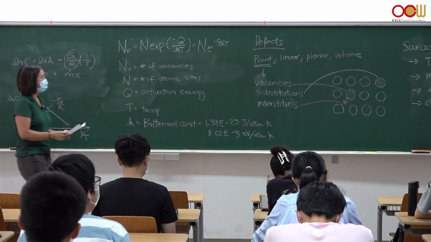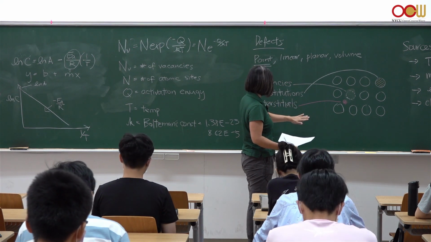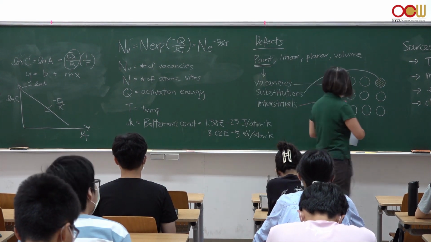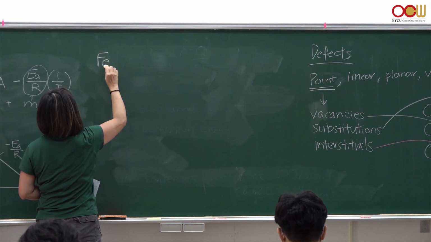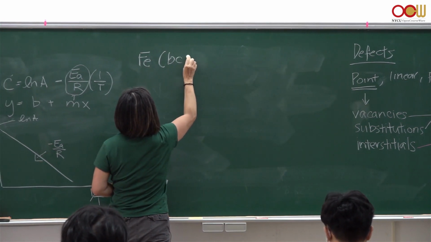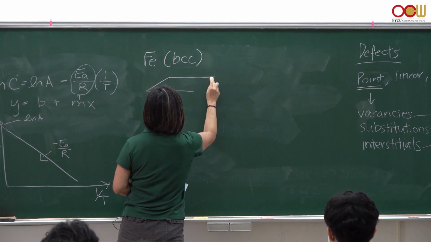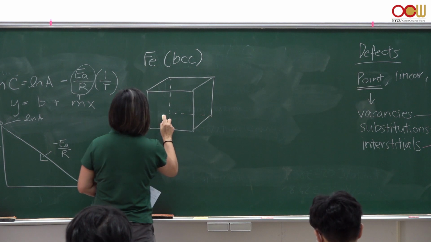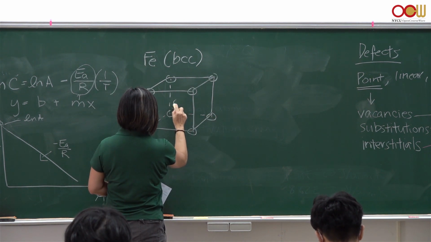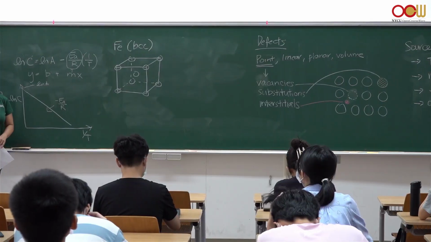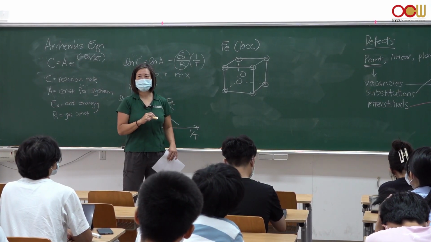So now let's look at, I'll talk a little bit more about substitutions, but first I wanted to talk about interstitials. So let's say we have iron in the BCC form. In order to make steel, does anyone know what the composition of steel is?